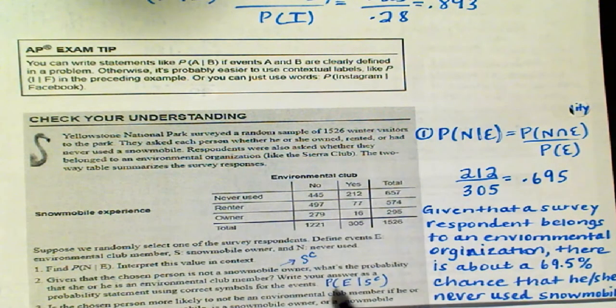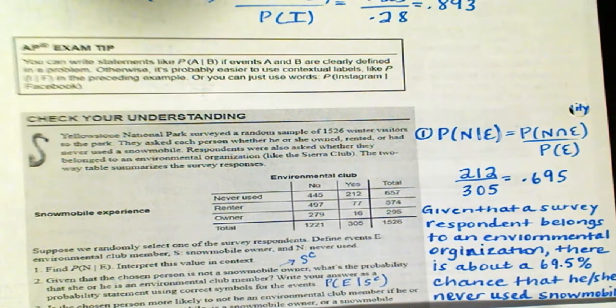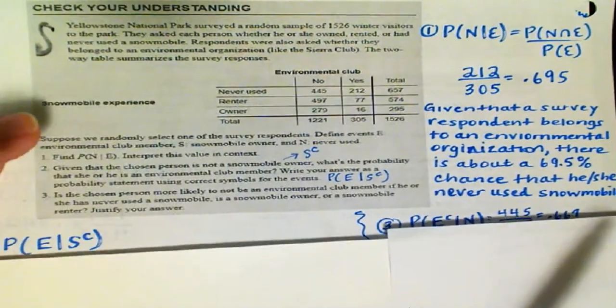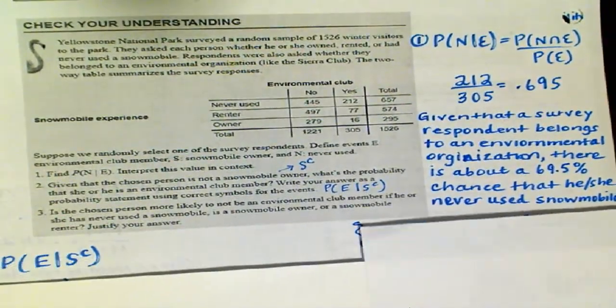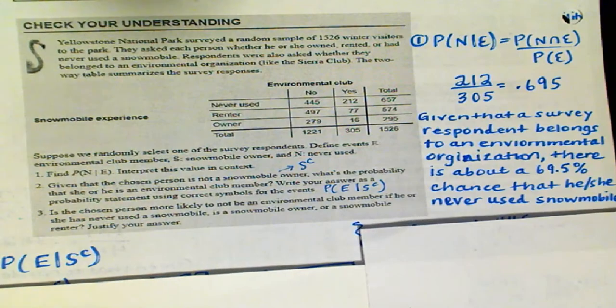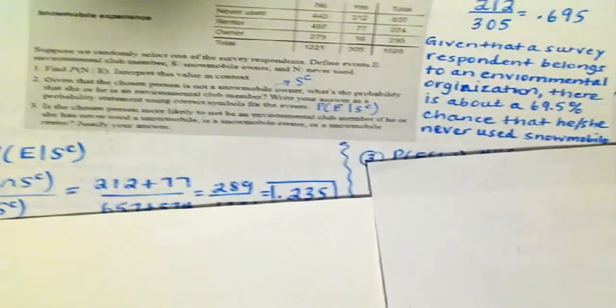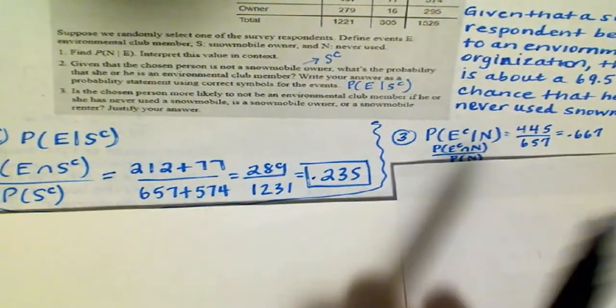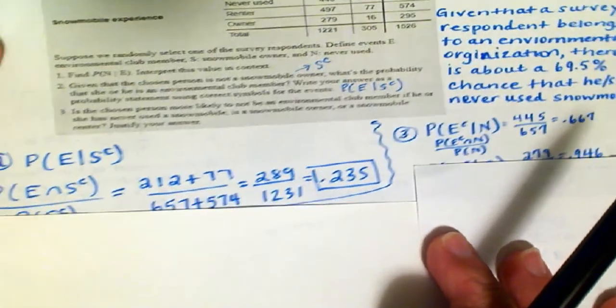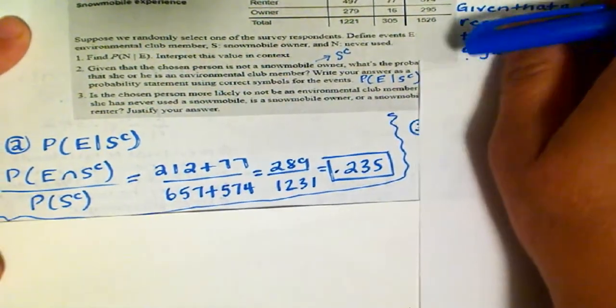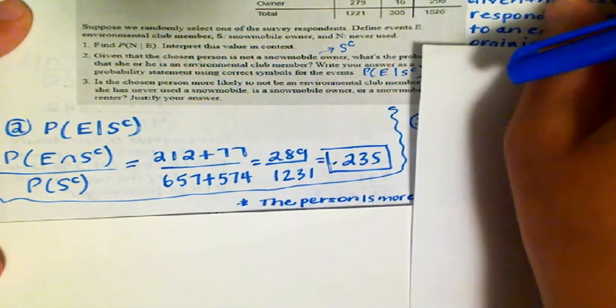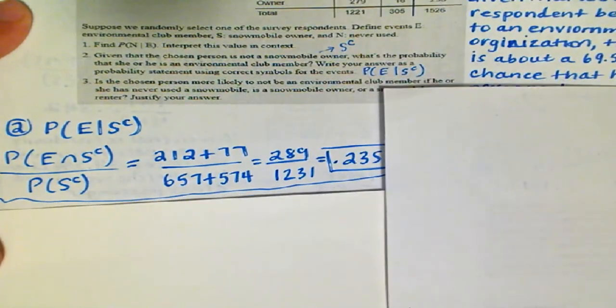So that's how you would start it off. So don't forget our formula. You're going to do this and this divided by the probability of that. Okay? So the probability of E given not S, let's move this up a little bit. So here is our formula. And again, I think it helps, especially on one like this, to write this out, okay?